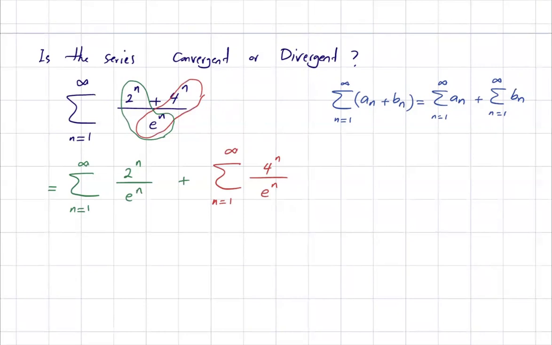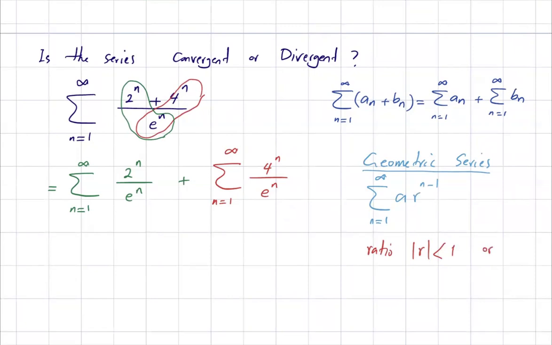Then you can remind yourselves of the definition of geometric series, which in general is defined as the summation of a r to the power n minus 1, n starts from 1 to infinity, and as long as the ratio r, if you take its absolute value, is less than 1, or if the ratio is bounded between -1 on the left and 1 on the right, then this is convergent to a divided by 1 minus r.